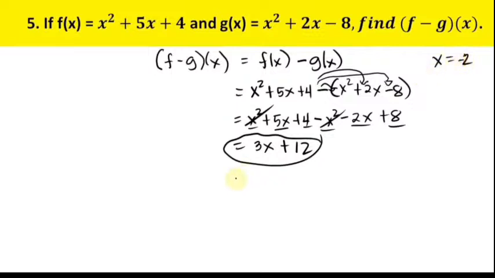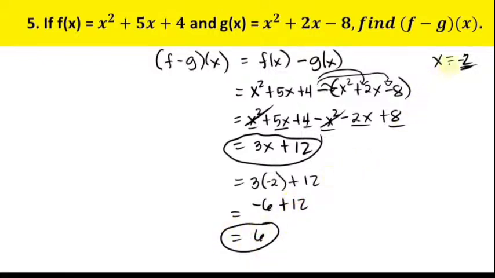So what is the value of the f minus g times x if x is negative 2? So i-substitute lang natin. So 3 times negative 2 plus 12, so magiging negative 6 plus 12, so that is 6. So pag mayroong value ang x which is negative 2, pag walang value ang x, automatically ito yung sagot. I-substitute lang natin yung value ng x.